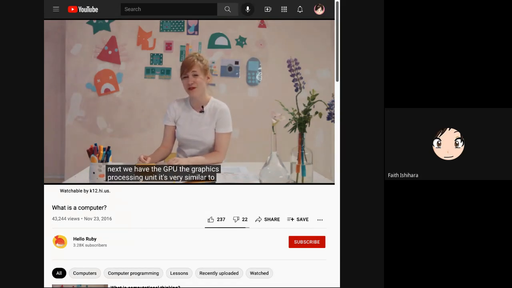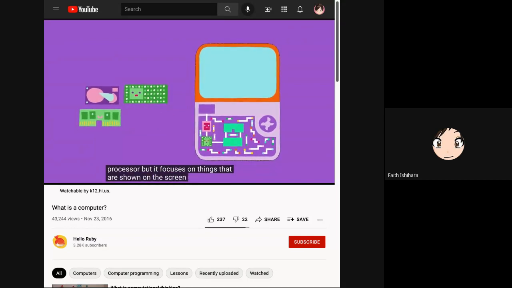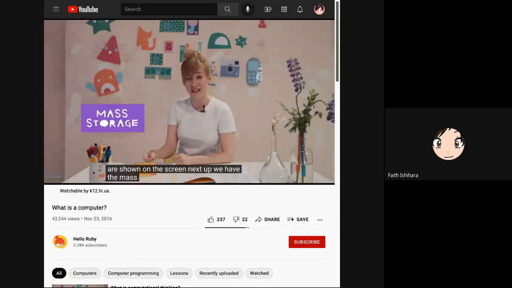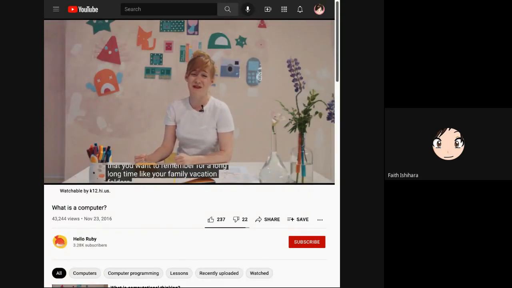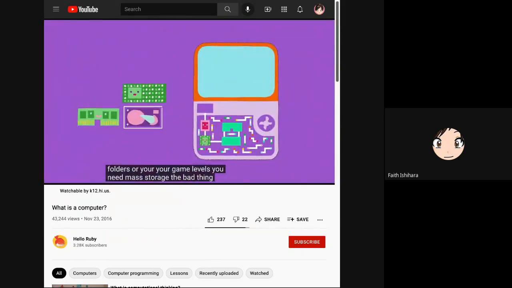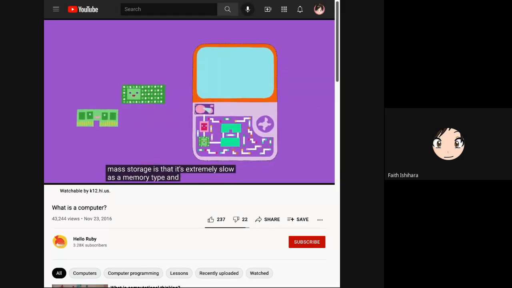It's very similar to the processor, but it focuses on things that are shown on the screen. Next up, we have the mass storage. If you have something that you want to remember for a long time, like your family vacation photos or your game levels, you need mass storage. The bad thing about mass storage is that it's extremely slow as a memory type.